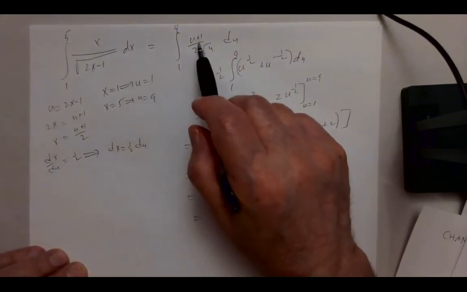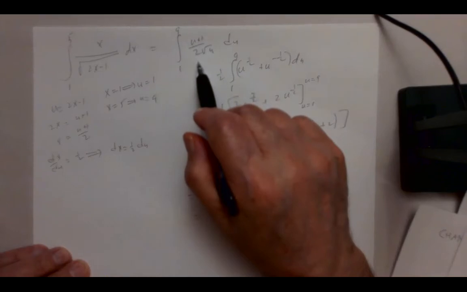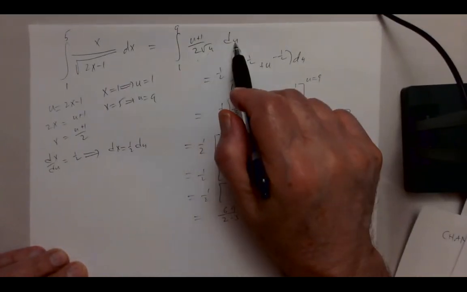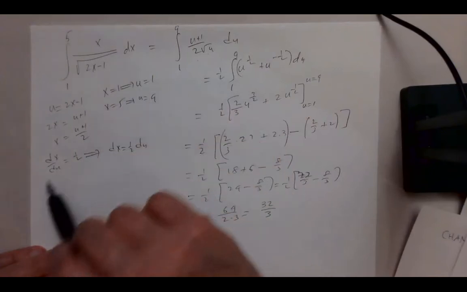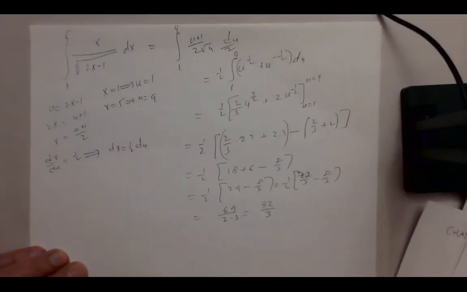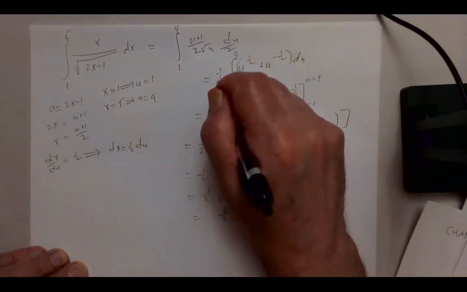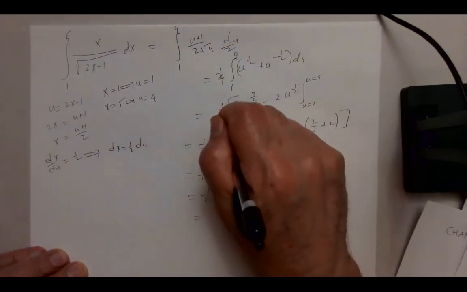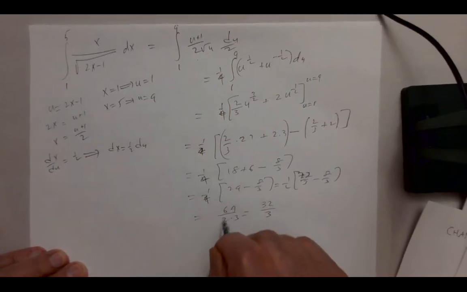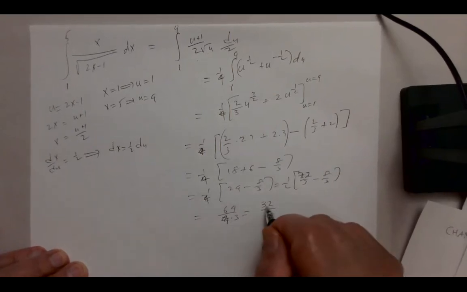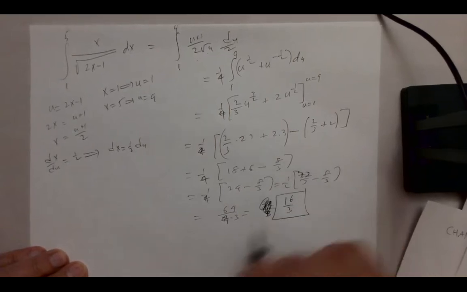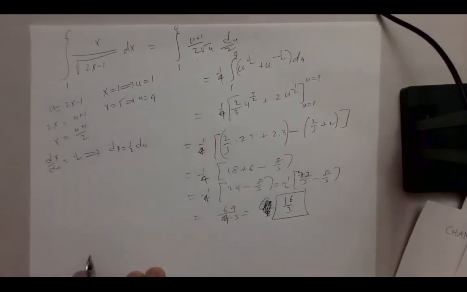When I substitute, x is (u plus 1) over 2 over the square root of u, du. dx is 1/2 du. I should have a 2 there. 2 times 2 is 4, and 4 into 64 is 16 over 3. And that is the correct answer.